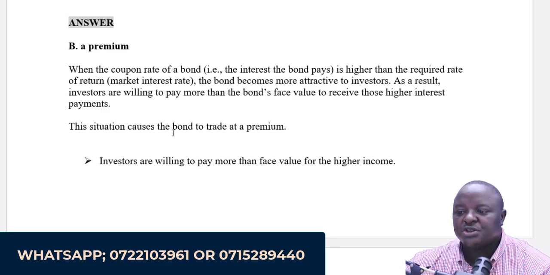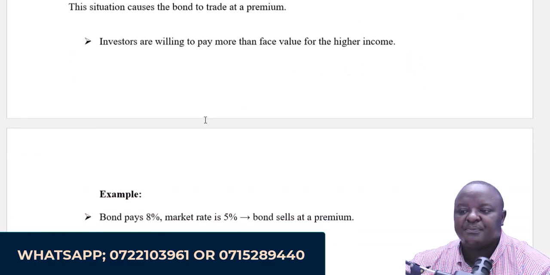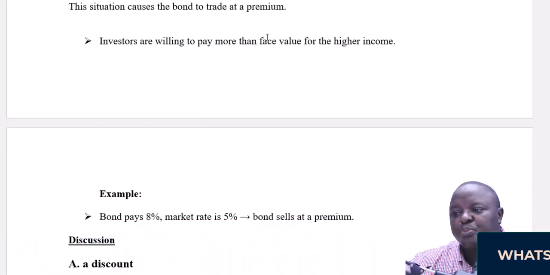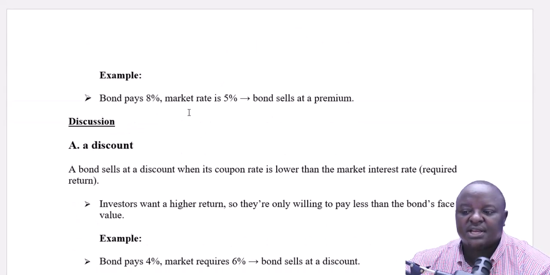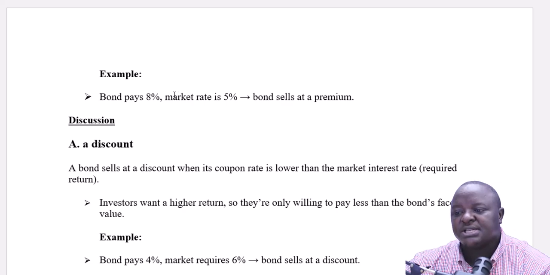So this situation causes the bond to trade at a premium. For example, the bond pays 8%, the market rate is 5%. The bond sells at a premium.